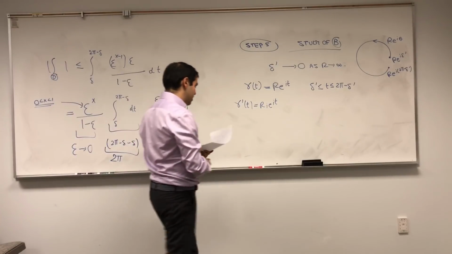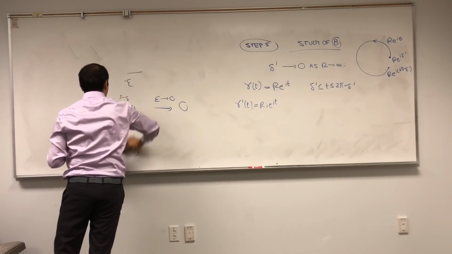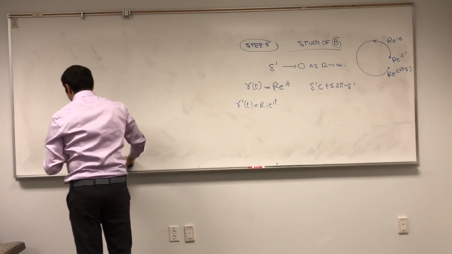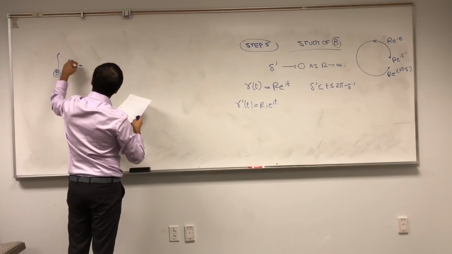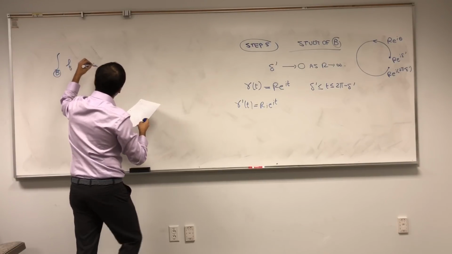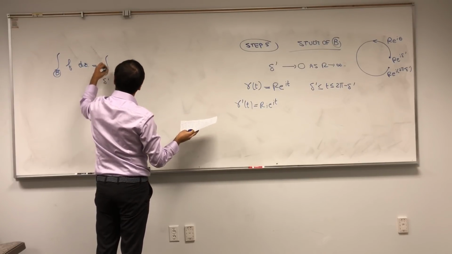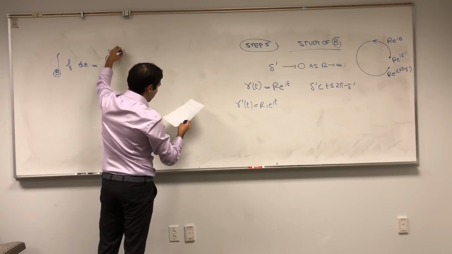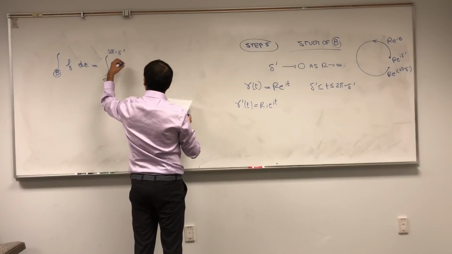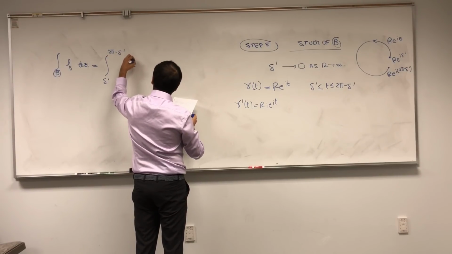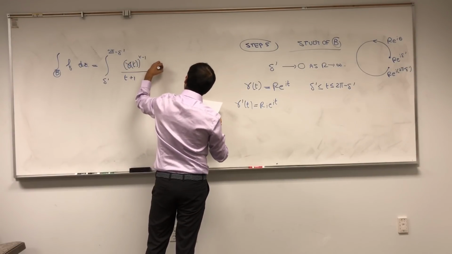And so let's calculate the integral of f over B. So we get the integral of f dz, that's equal to the integral from δ' to 2π − δ' of, again, what's the function? z^{x−1} over z+1, so γ(t)^{x−1} over γ(t)+1, times γ'(t) dt.